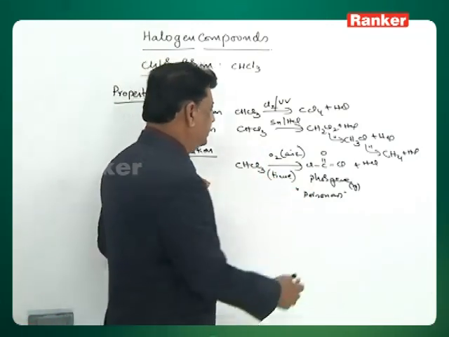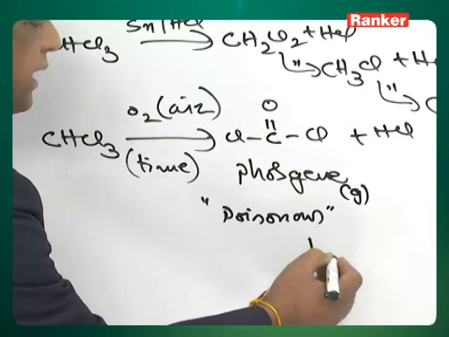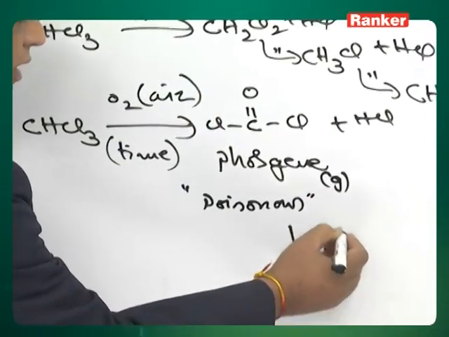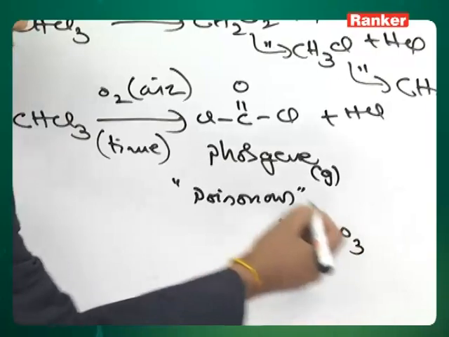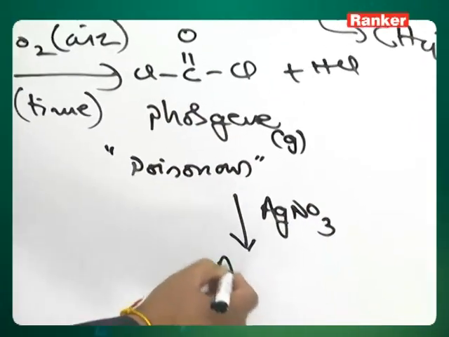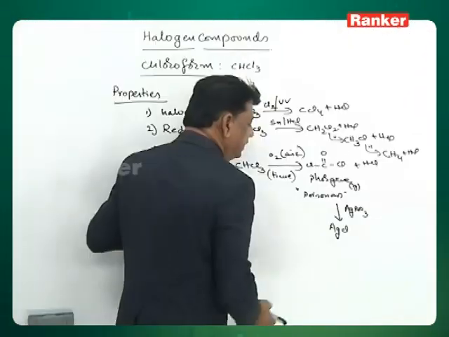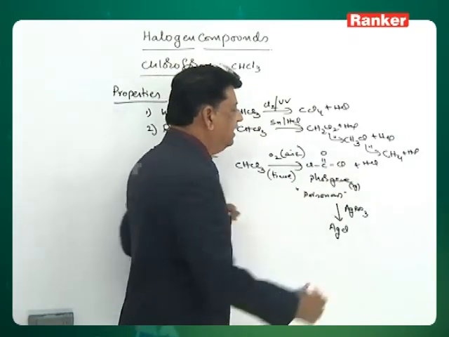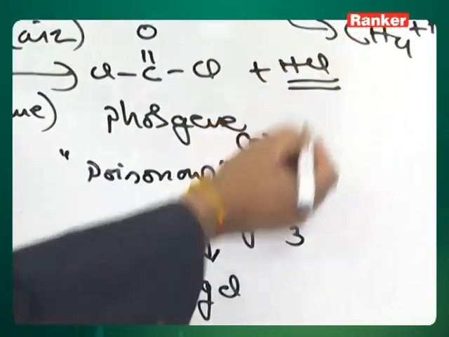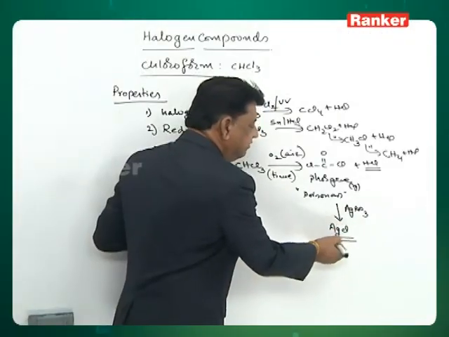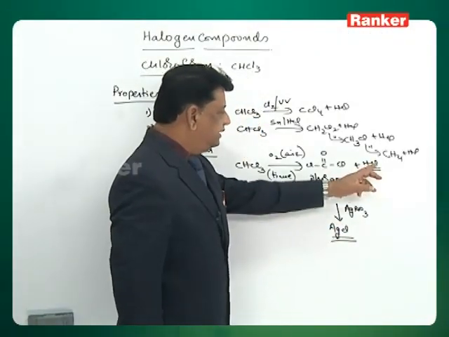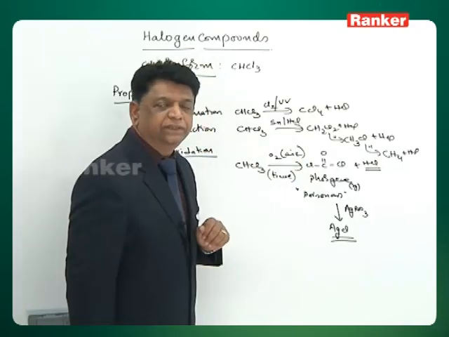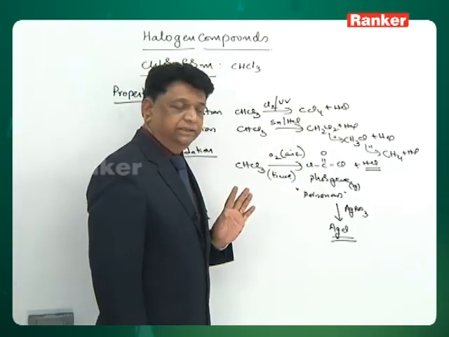We have a chemical test. The test is adding silver nitrate. You get a white silver chloride. Unfortunately, it is not from the phosgene, it is from the Cl. So the HCl reacts with the silver nitrate and gives silver chloride. When you are testing the HCl, how can you say that this means phosgene? It is an indirect test.